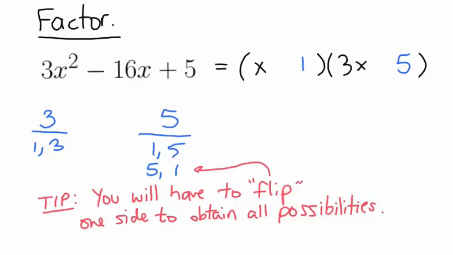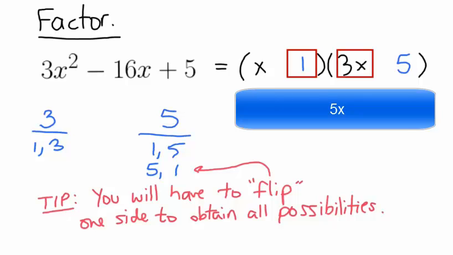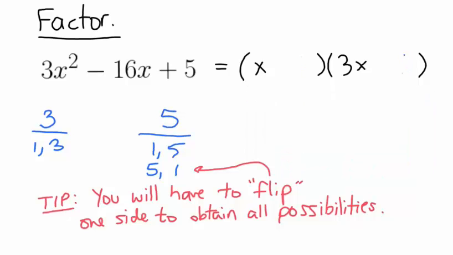Notice that our two outer terms in the binomial factor, x and 5, are going to give us 5x, and then the middle two terms, 1 and 3x, are going to give us 3x. The sum or difference of these two terms is going to give us 8x or 2x, which is not 16. So that means that 1 and 5 mustn't be the pair that we need.